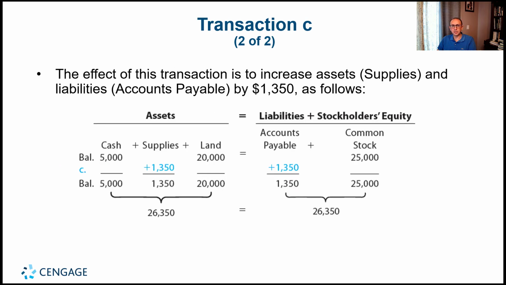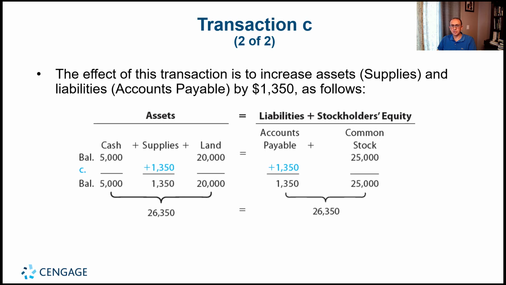So now let's see the impact on the accounting equation. Now we have three assets. We have cash, we had the land from before, and now we have supplies. Cash and land are staying with the same value, $5,000 and $20,000. Nothing changed here. However, we got a new asset, which is supplies, which cost us $1,350.